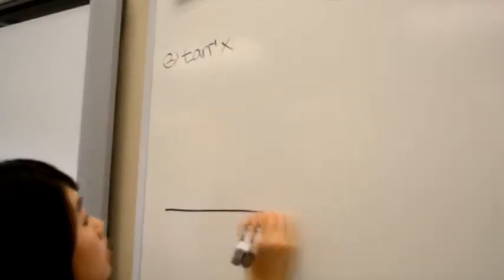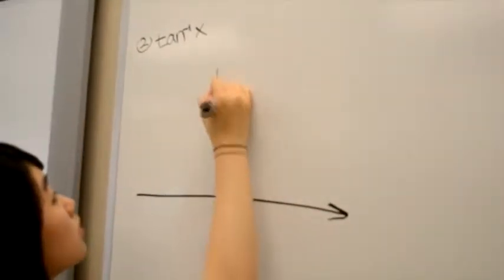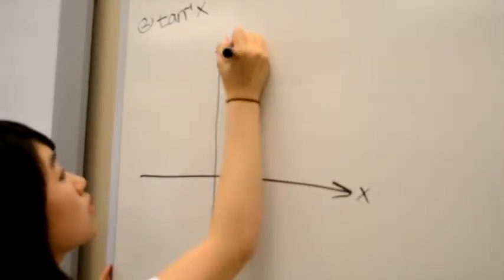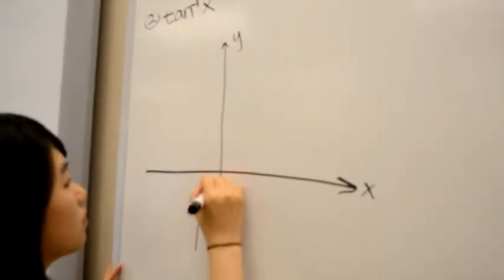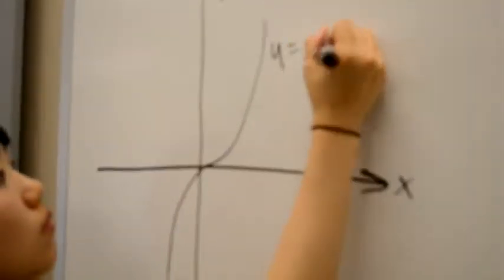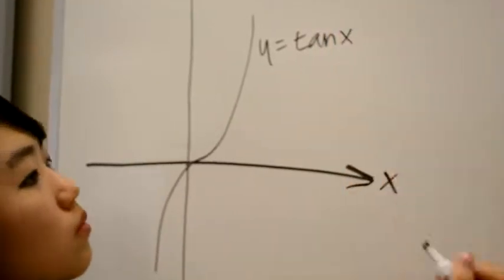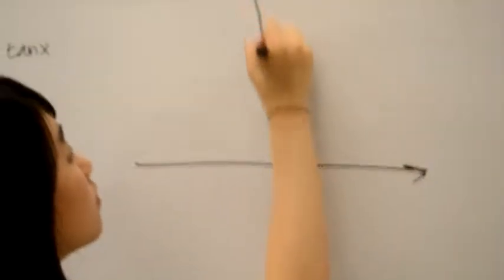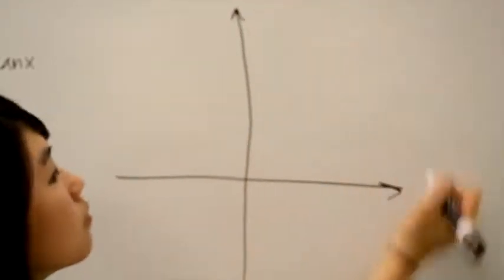Next, we're doing the inverse of tangent x. And once again, we have to define the domain. So we're drawing a graph of tangent x here. And we're going to flip it over y equals x. And it ends up looking vertical instead of horizontal, just because we're flipping it over y equals x.